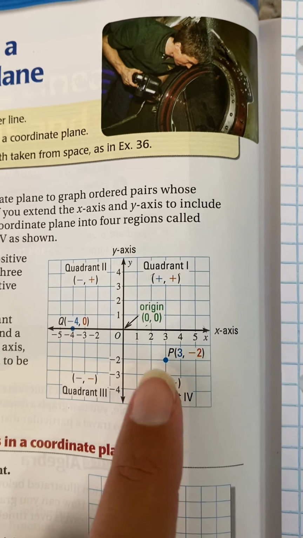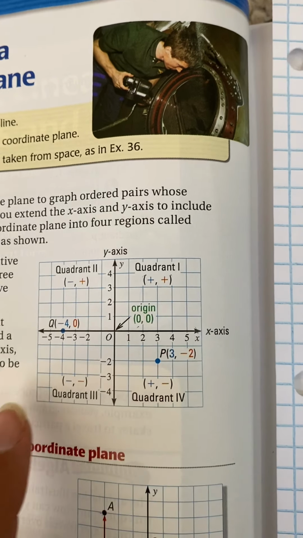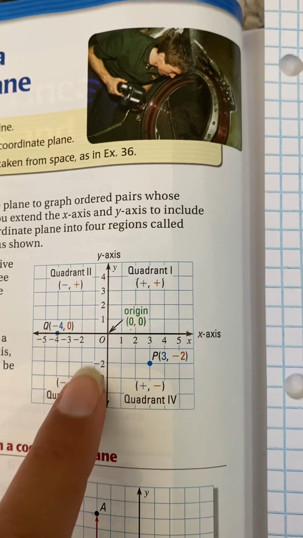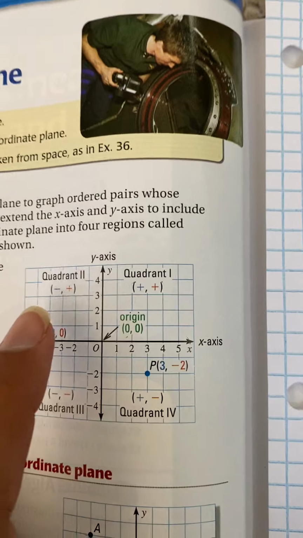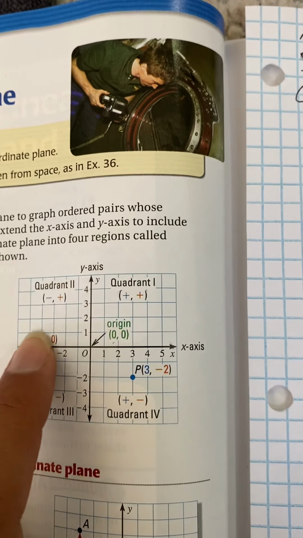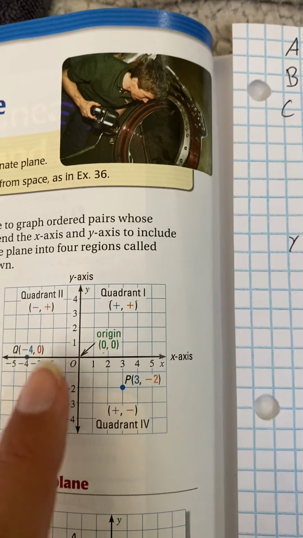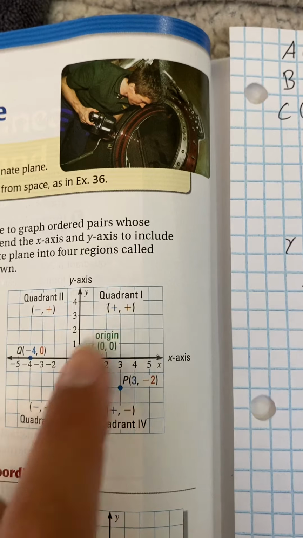If the x is positive and the y is negative, you're going to be down in this square. If they're both negative, they're down in this square. And if the x is negative and the y is positive, it's going to be in this square. So that helps you know what area it's going to be in, and then it's a matter of counting out.